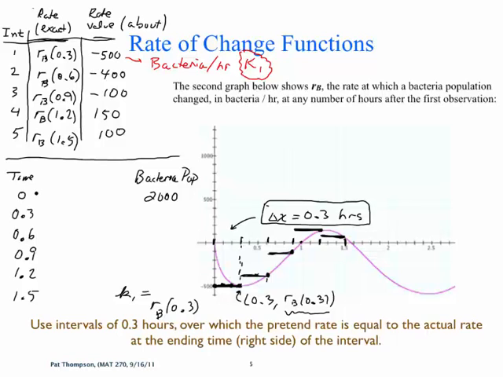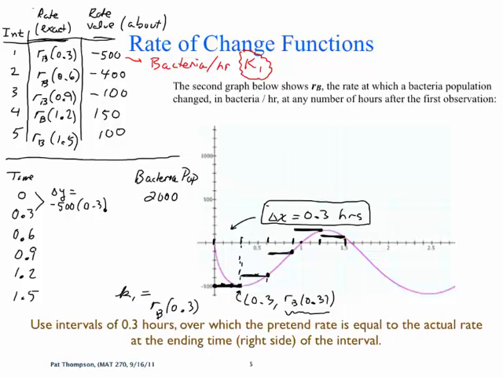All right, so we can say, in that time interval, delta Y was equal to K delta X, negative 500 times 0.3. So you had the right idea, but the 2,000 is not the rate. Negative 500 is the rate.